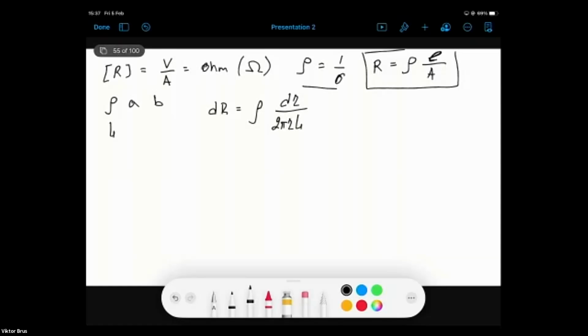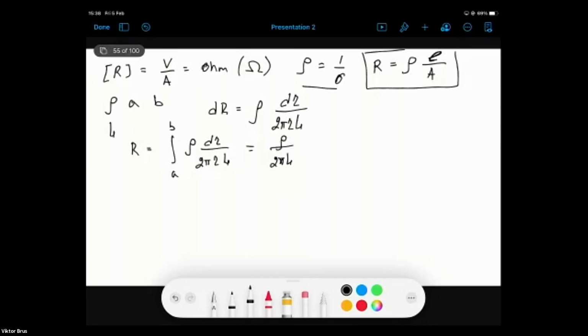Okay, now we need to integrate this expression to get the resistance of such coaxial cable insulation, from A to B, which is internal and external radius, of rho dr over 2 pi r L. We have constants here, so we can take them out of the integral. Oh, sorry. We integrate over r, so we cannot take r out.